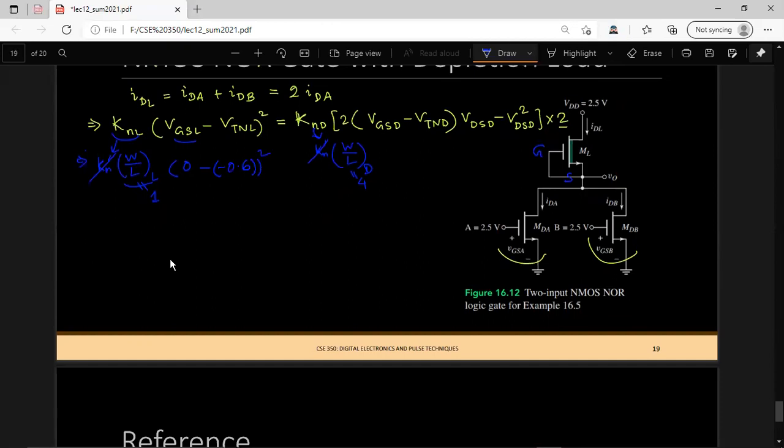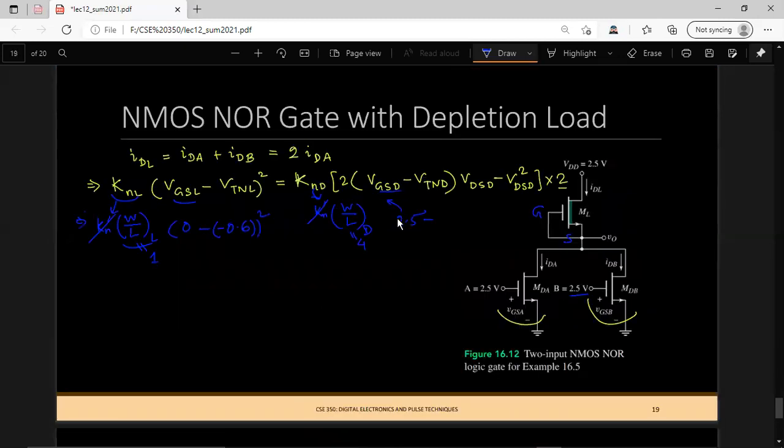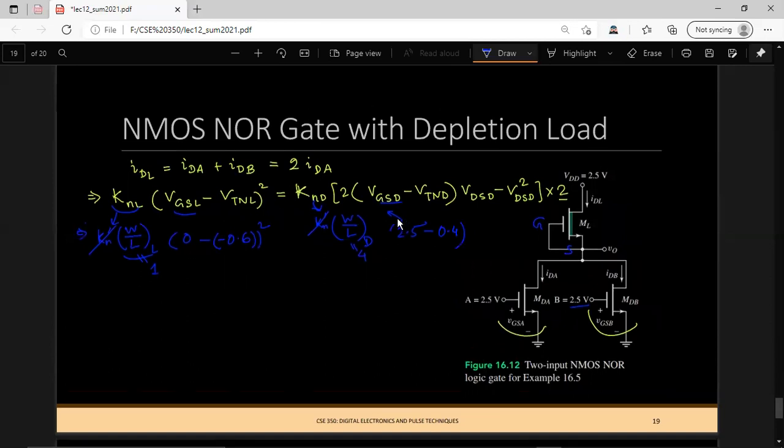Okay, and now VGS, the gate voltages, both gate voltages are 2.5. So 2.5 minus the threshold voltage. The threshold voltage for the driver is 0.4, and VDS is V0. Again, this one is V0 squared.